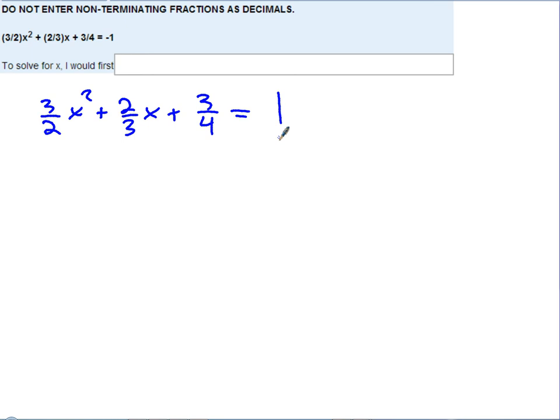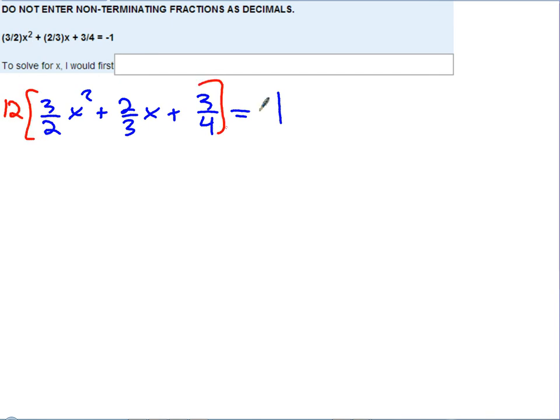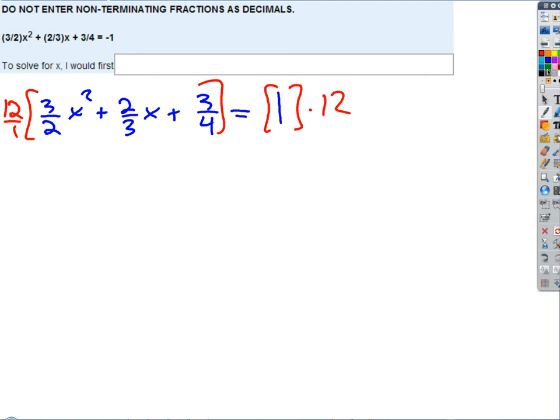So it'd be 12, wouldn't it? The smallest number that 2 and 3 and 4 all divide into is 12. And so what I'm going to do is multiply 12 through both sides. Oh, negative 1. Whoops. Negative 1.